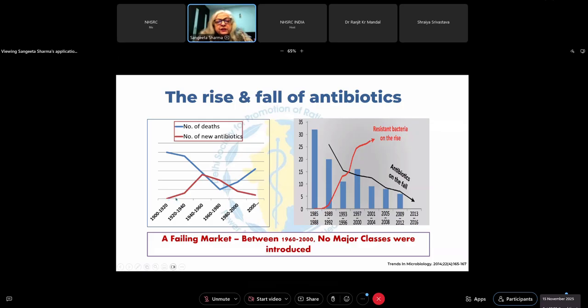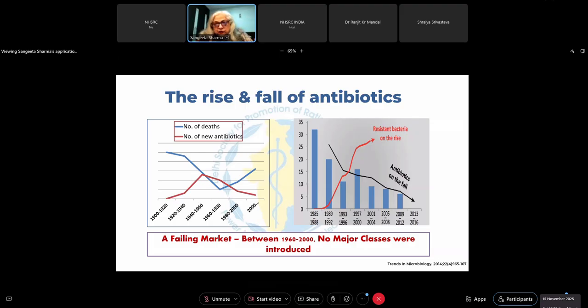If you see the red line here, this depicts the number of new antibiotics. As long as it was going up, the number of deaths were going down. But now you see that this red line of new antibiotics coming to market is declining, but the rate of death and morbidity is increasing. This is all because of the resistance developing to these antibiotics.